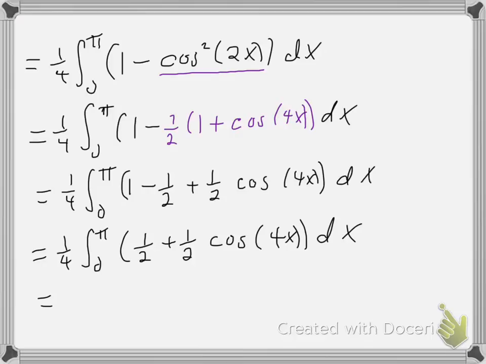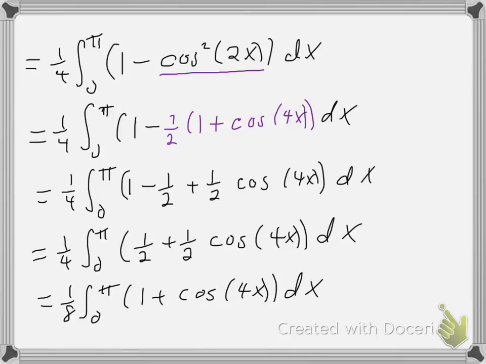We can factor out 1/2, so now we're going to have 1/8 the integral between 0 and pi of 1 plus the cosine of 4x dx. And of course we can take the antiderivative of that very easily.